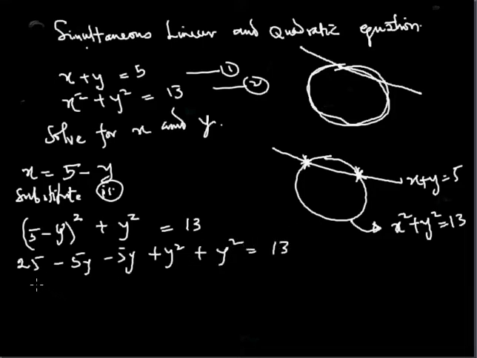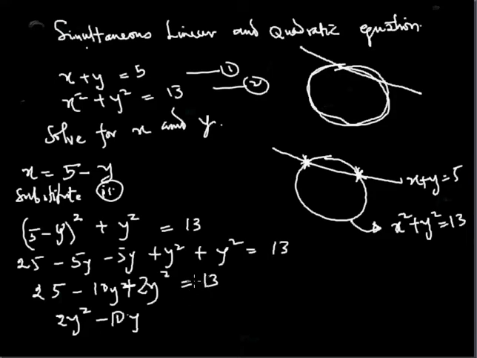And this invariably gives you 25 minus 10y plus 2y squared is equal to 13. Collecting like terms, let me rewrite the equation. You're going to have 2y squared minus 10y, and when 13 crosses the border, it turns to minus, so that we have plus 12 is equal to 0.